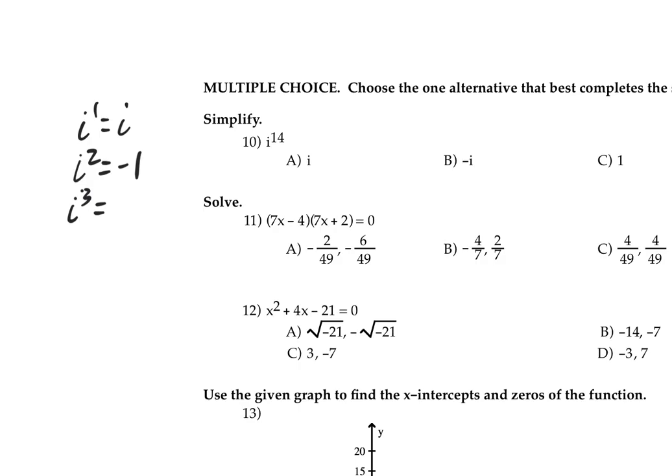So that's really taking -1 times i. So if you can get those first 2, you should be able to get all 4 of them here. i to the fourth would be i squared times i squared. So that would be -1 times -1, which is 1.